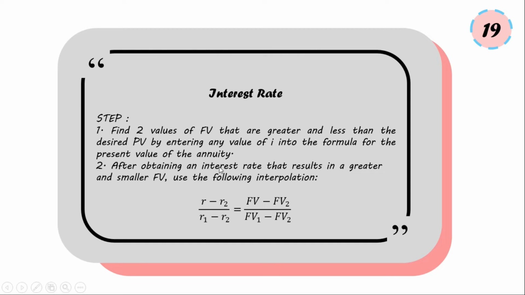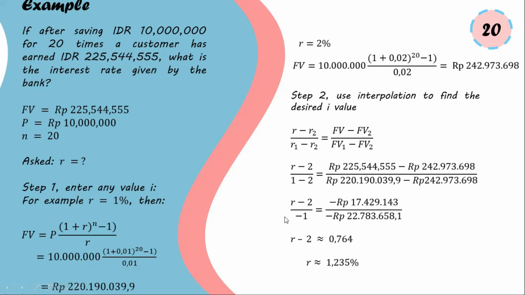After obtaining an interest rate that results in a greater and smaller future value, use the following interpolation: R minus R2 divided by R1 minus R2 equals future value minus future value 2 divided by future value 1 minus future value 2.